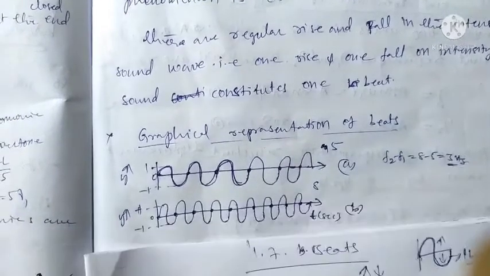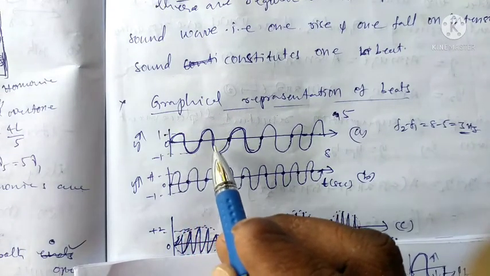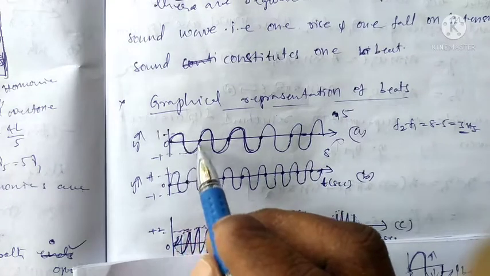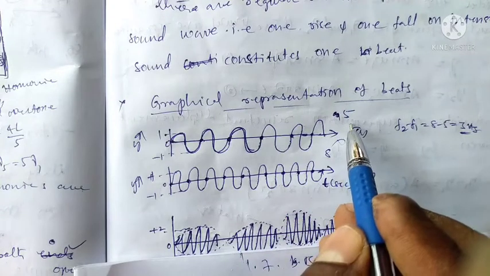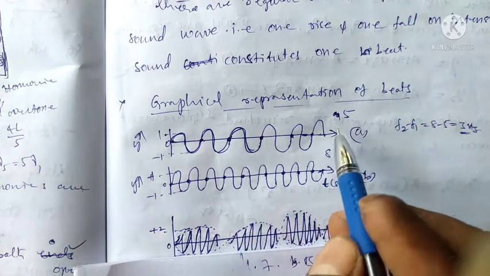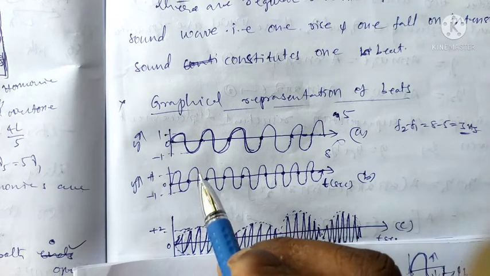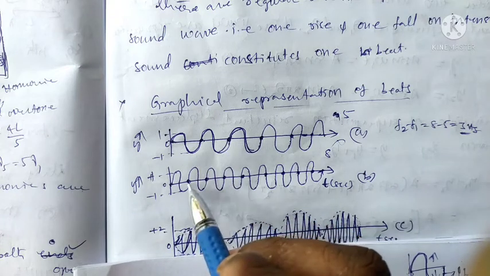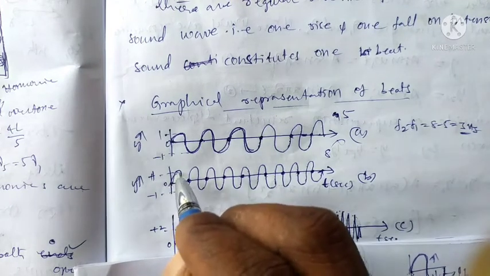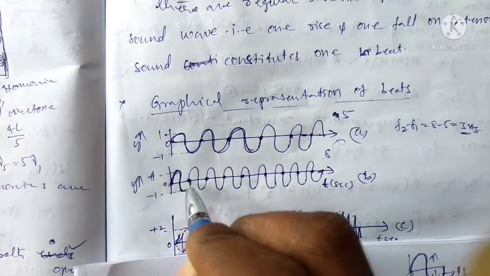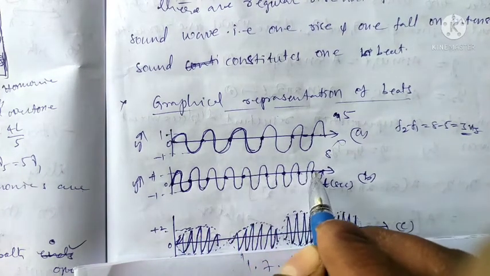Okay, graphically the beat is shown like this. One wave is traveling in the x direction. From here to here: one wave, two waves, three, four, five. Next, another wave is forming with a small change in frequency: 1, 2, 3, 4, 5, 6, 7, 8.